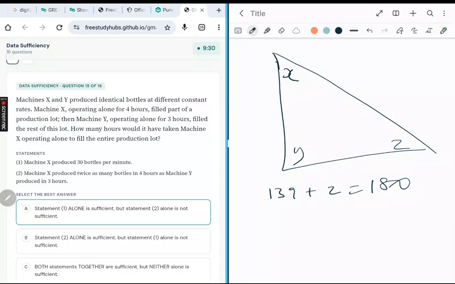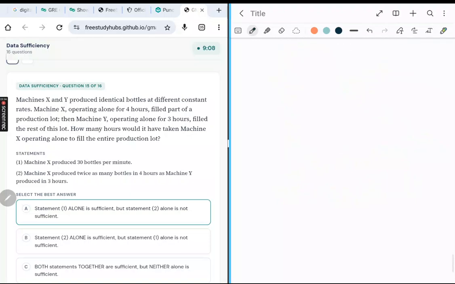Machine S produced 30 bottles per minute. How about machine Y? So there is a gap. Statement 2. Machine S produced twice as many bottles in 4 hours as machine Y produced in 3 hours. Yeah, this is sufficient. Why? It's sufficient because we can now express S in terms of Y.